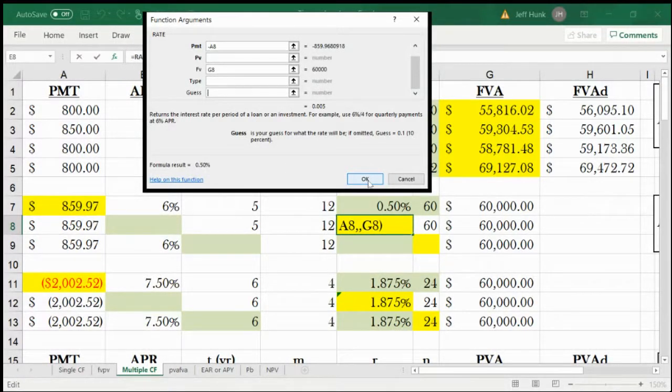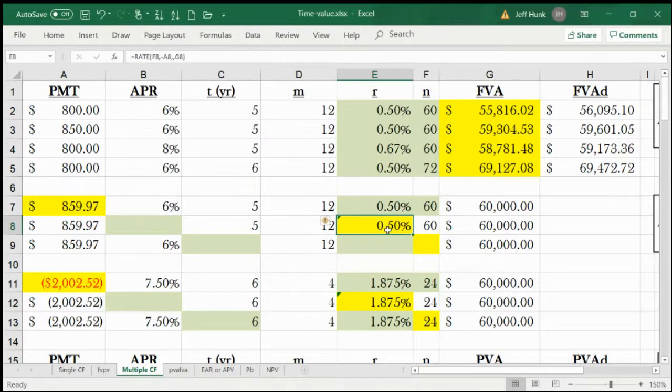So you enter, then hit OK. See, we got that. And then converting it to annual rate, we already know. This is monthly, right? So monthly rate times 12 will put it into annual rate. So voila, we got that. Okay.